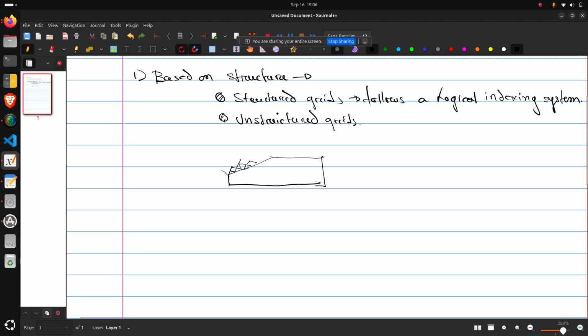Anyway, this is actually a very smooth body, so it's quite hard to understand. But structured grids you understand, and for unstructured grids, the indexing system can be arbitrary.